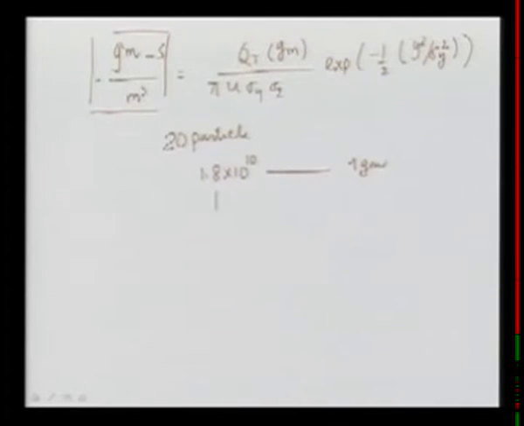If the particle is 1, then mass is 1 by 1.8 into 10 to the power 10 grams, and I want to capture 20 particles. So how much is the mass that I'll capture on the filter paper? 20 divided by 1.8 into 10 to the power 10. That is the mass that I want to capture on my filter paper.